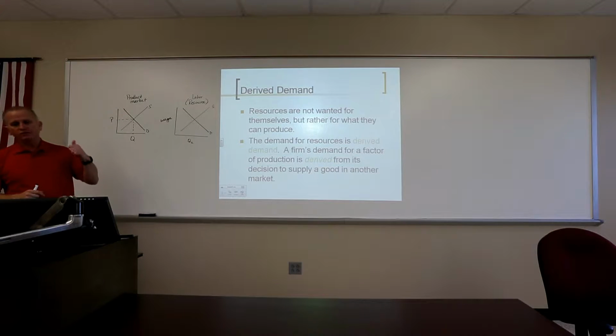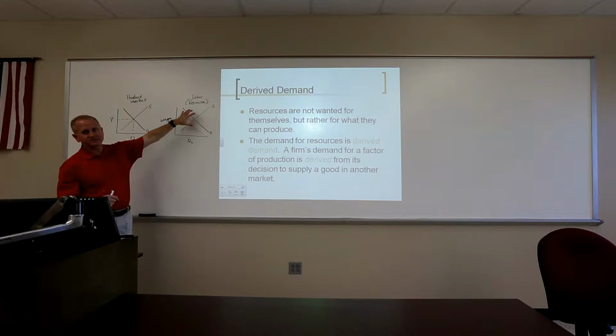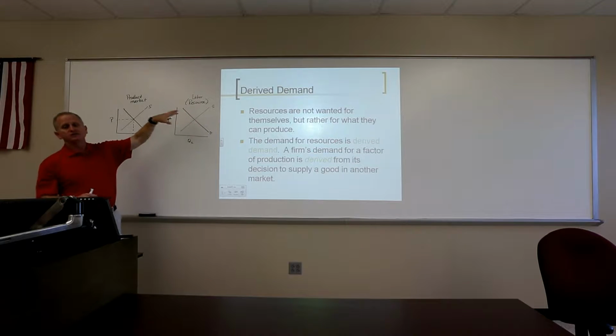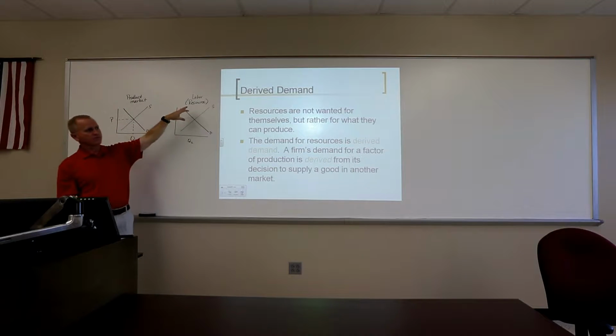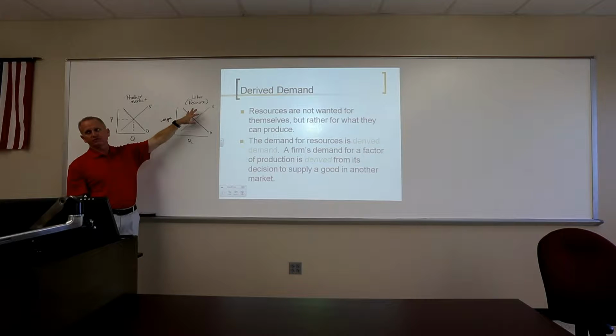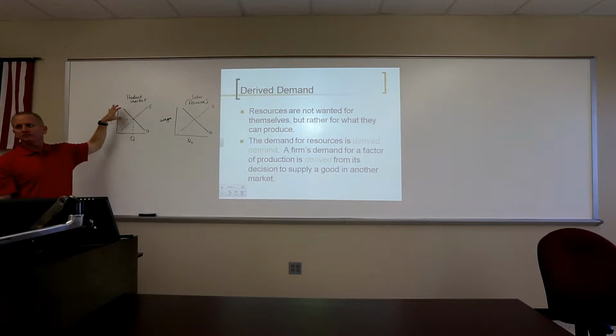But the demand for the resources, this, labor, is derived from the demand in this market. We need to hire apple pickers, this example I'm going to use in my next slide or two, the table. We're going to need to hire apple pickers if we're selling a bunch of apples over here. So the demand for labor is derived from what's in this market.